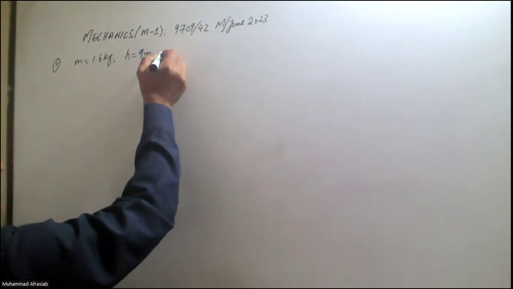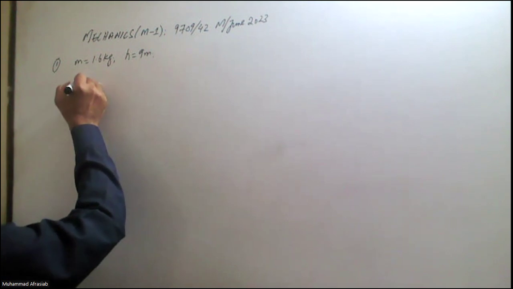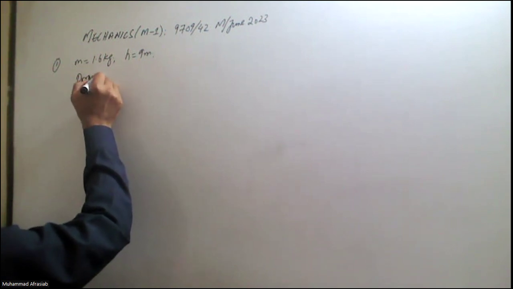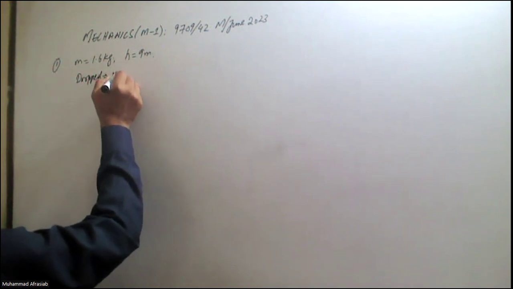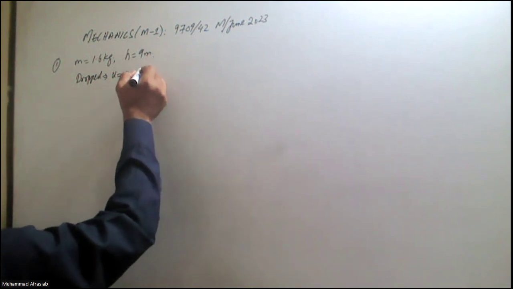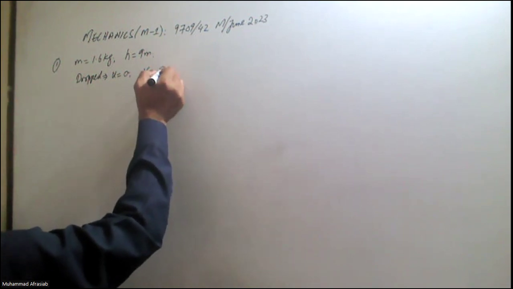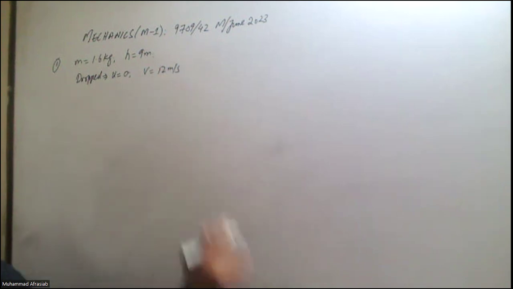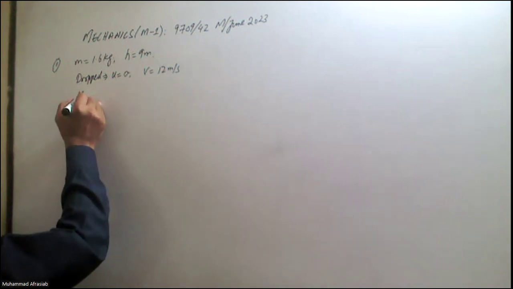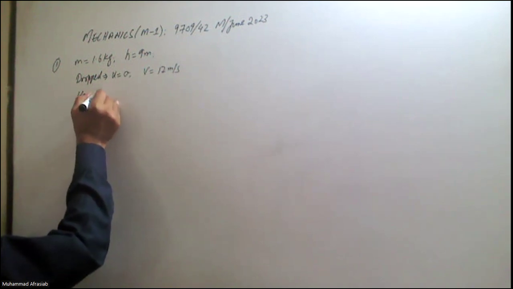Since they have used the word dropped, that means initial velocity is equal to 0, and when it hits the ground, its speed is 12 meters per second. And you are going to find out the work done against the resistance.